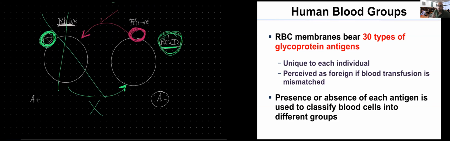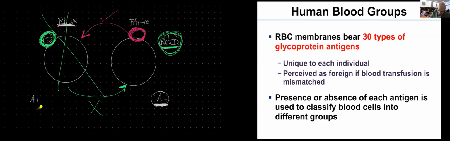You already know that he didn't get a blood transfusion before, and the only blood that you have available is A positive.